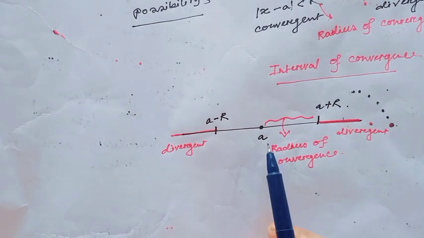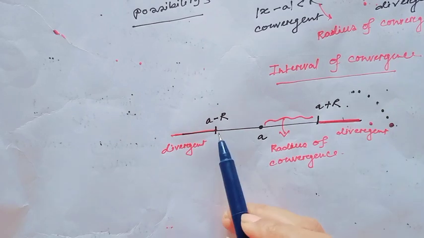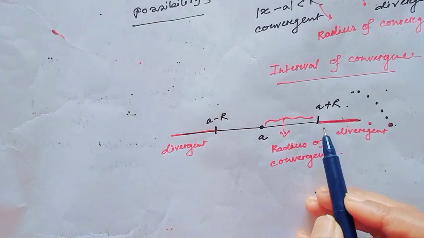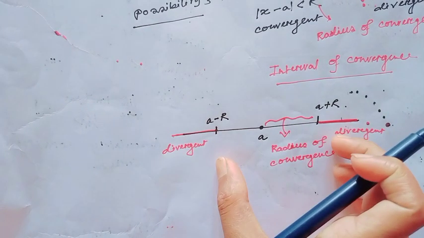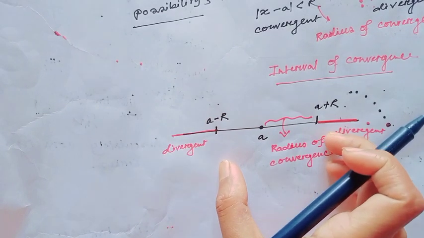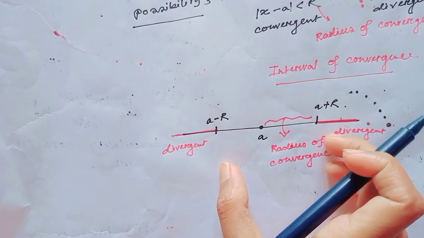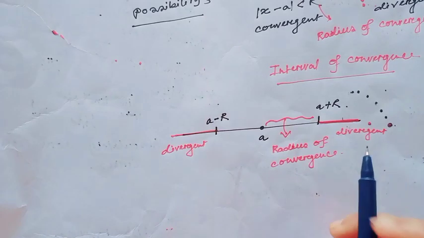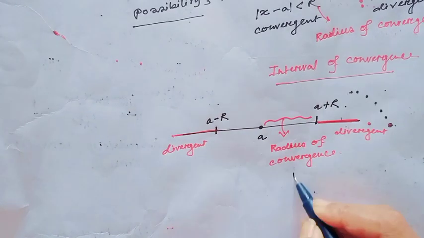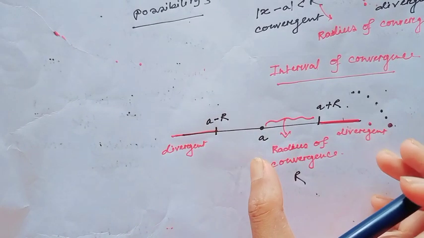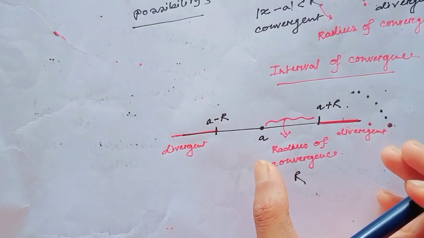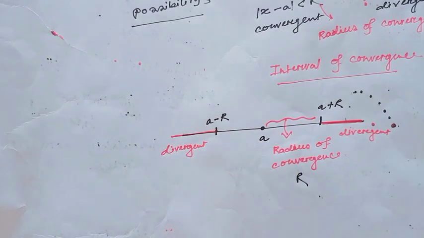Here a is the center of convergence, and here a minus r, here a plus r. For this region, for all values of x, the series converges. Therefore, the radius of convergence here is r. Outside this interval a minus r to a plus r, the series is divergent.